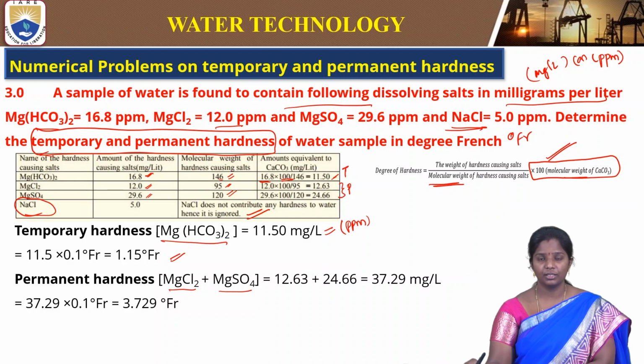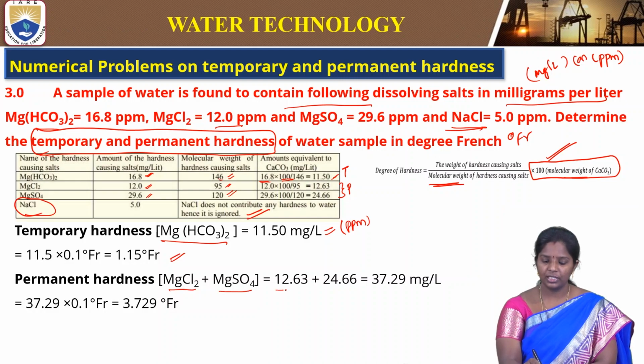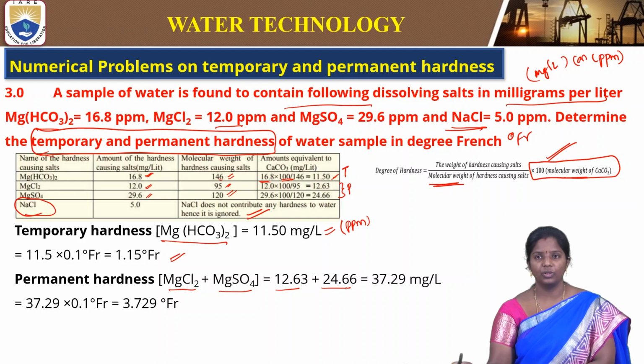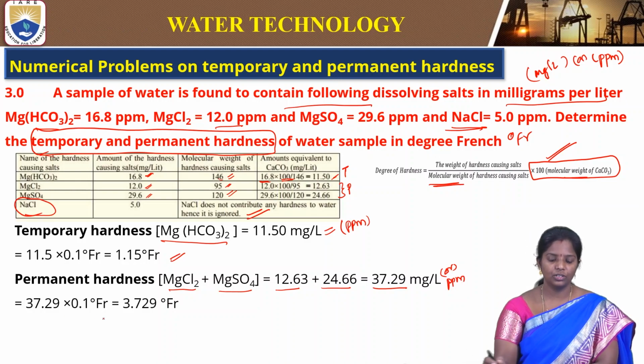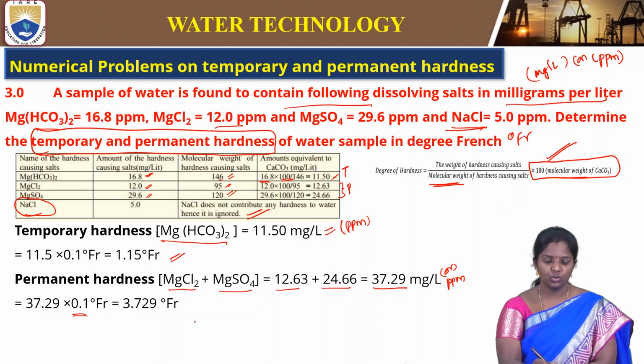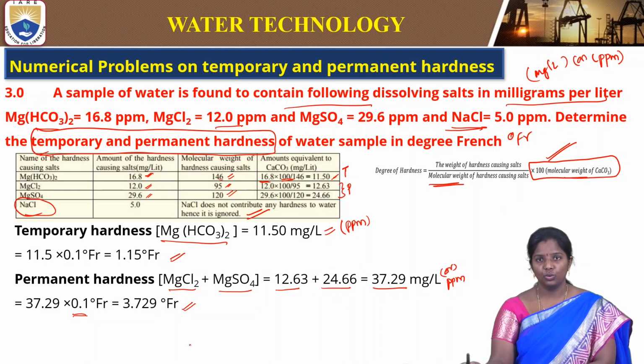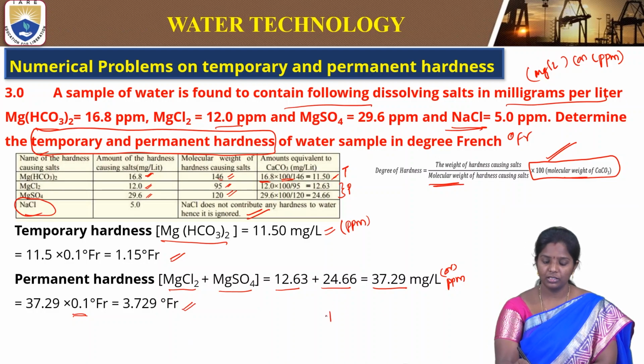So 12.63 plus 24.66 gives 37.29 milligram per liter, or ppm, present concentration in the water. That is again converted to degree French by multiplying by 0.1, to obtain 3.729 degree French. So the temporary hardness present is 1.15 degree French, and the permanent hardness present is 3.729 degree French.